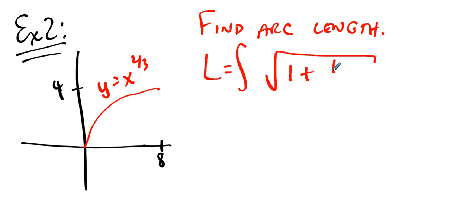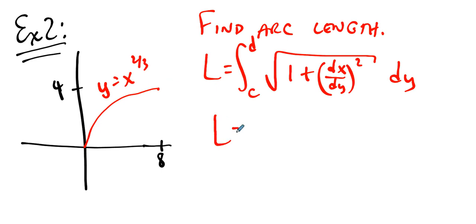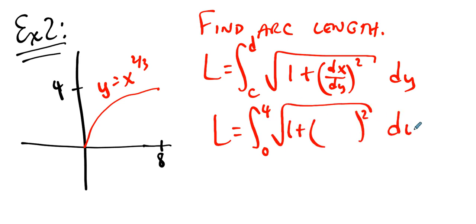We do the square root of 1 plus dx dy squared dy from the bottom to the top, because dx dy does exist all the way across, because dy dx is never 0. So we do the integral from 0 to 4 of the square root of 1 plus dx dy squared dy.